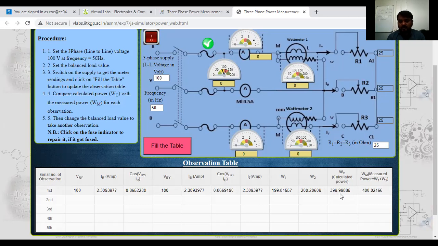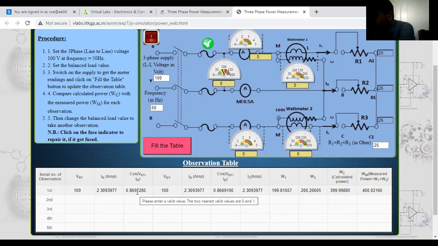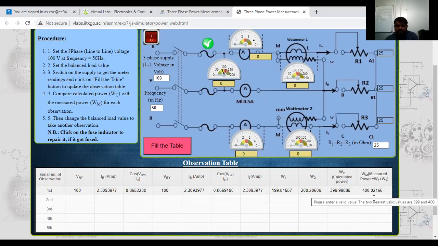So VL root 3 into this one, you can do current also. You can do the resistance value also by doing this. We'll get the correct value. This one is the calculated value and this one is the measured value by using a wattmeter. We are going to call that one.